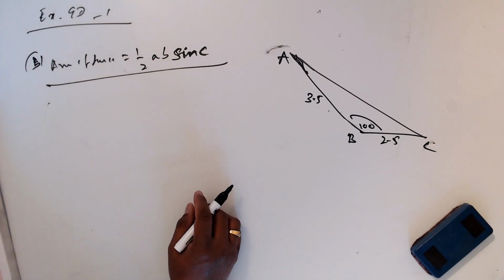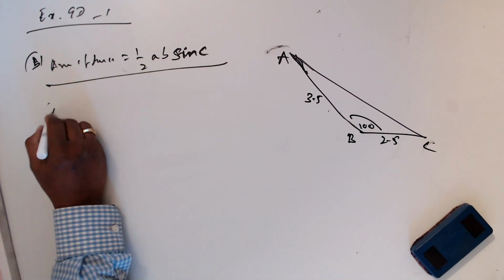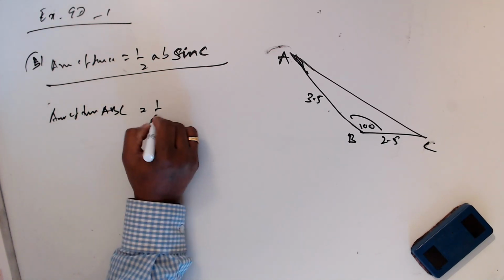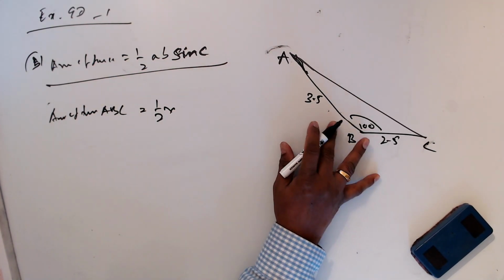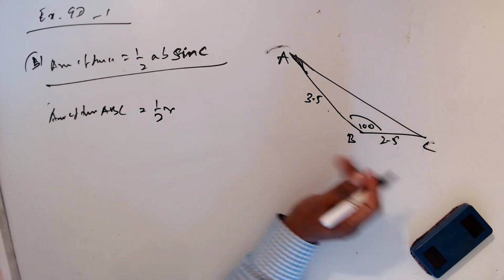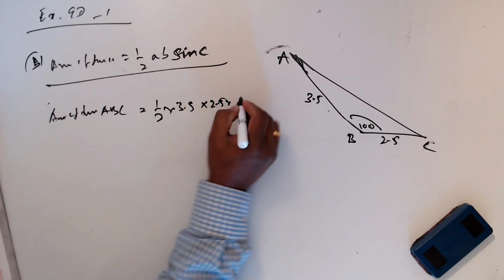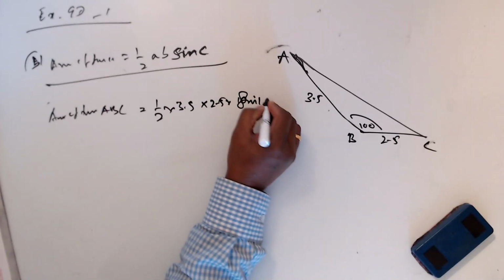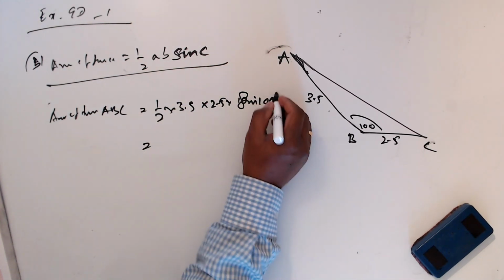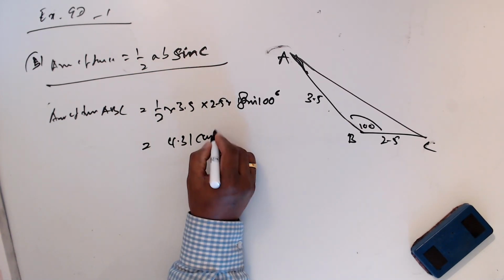Part B is straightforward. Area of triangle ABC is half times, right? Two lengths inside, the two known lengths and the angle in between. So that's why 3.5 times 2.5 times sine 100, which is going to be 4.31 square.